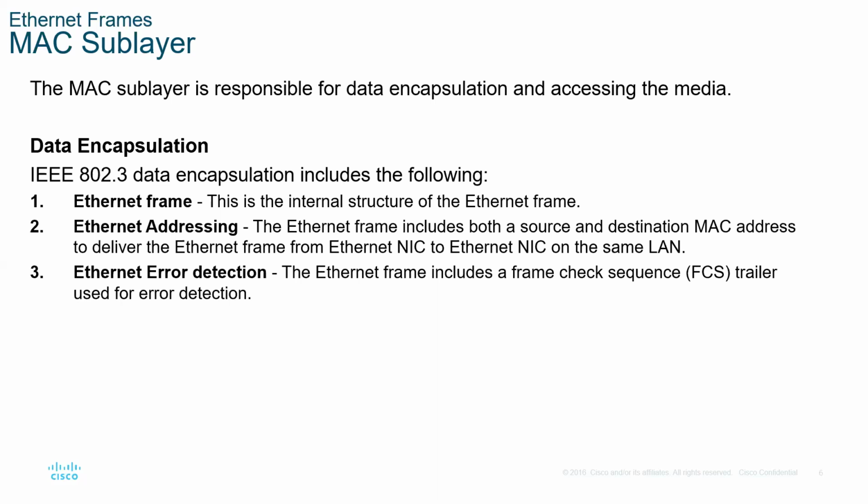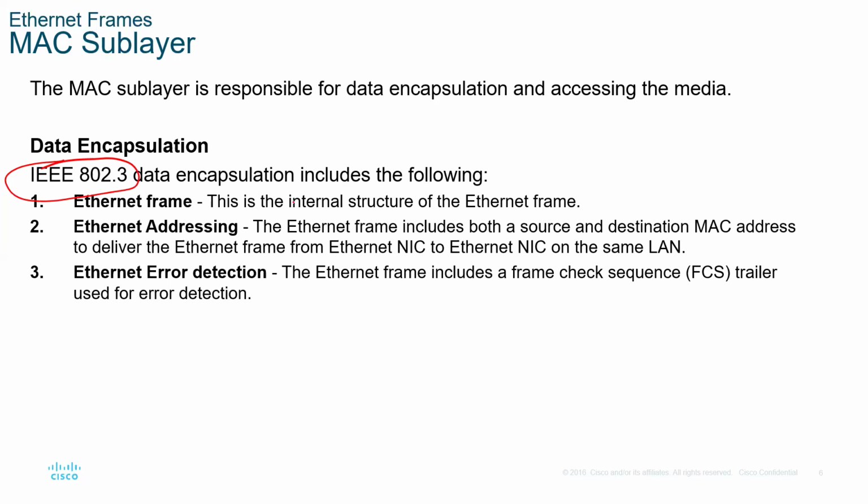Data encapsulation includes the Ethernet frame, Ethernet addressing, and Ethernet error detection. That is basically what we have in IEEE 802.3 data encapsulation. When we see this, that defines Ethernet. That is the standard of Ethernet, this IEEE 802.3.